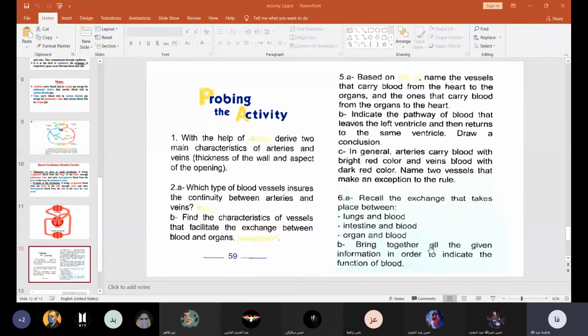Pulmonary artery. Very good. Pulmonary artery and pulmonary vein.